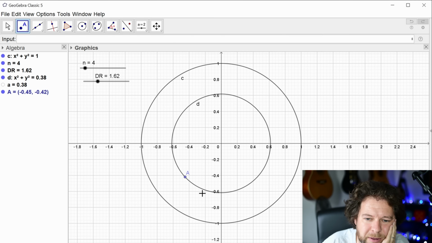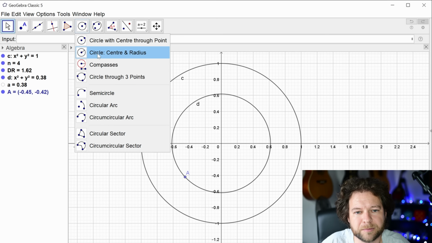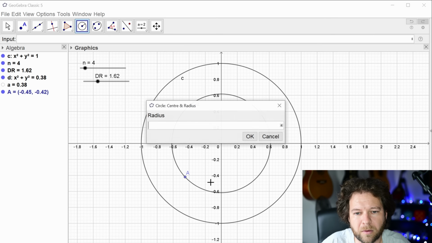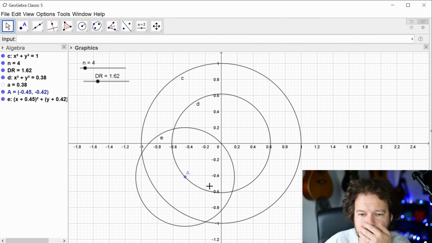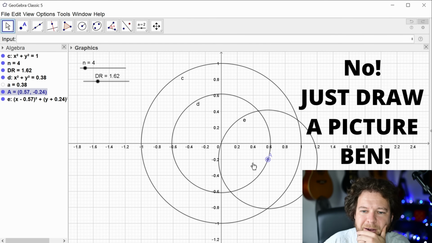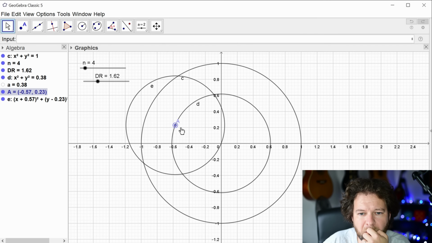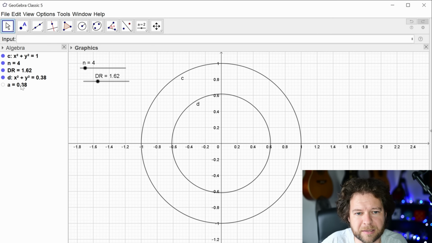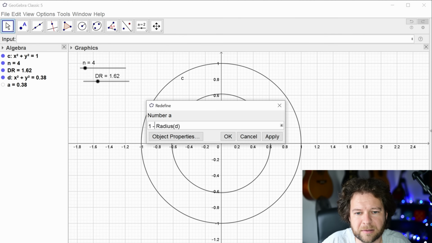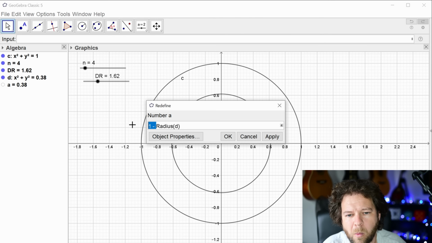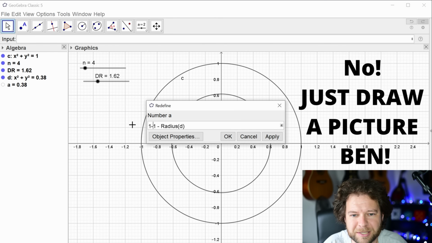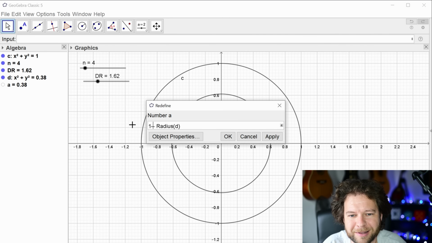Am I saying if I put a point there with a circle, radius 1 over dr. No, that doesn't touch. So it's got to move around like that, but I've not got this circle in the right place. I think what I need is 1 minus that radius, which is ridiculous because that's just going to be just the radius.